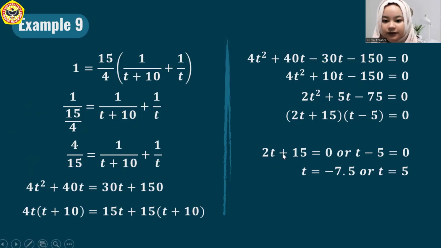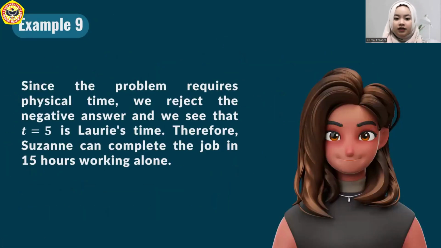So 2t plus 15 is 0, so t is minus 7.5, or t minus 5 is 0, so t is 5. Since the problem requires physical time, we reject the negative answer and we see that t equals 5. It's Lori's time. Therefore, Susan can complete the job in 15 hours working alone.